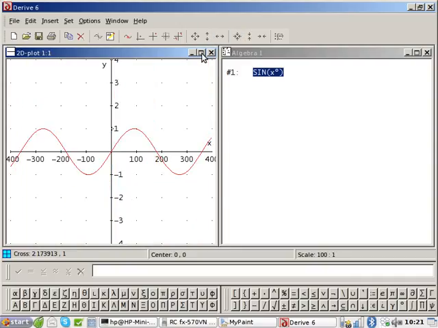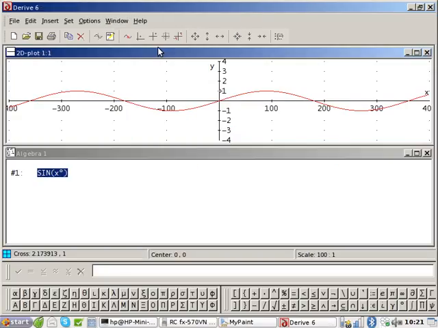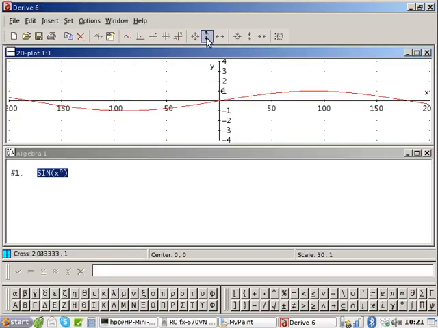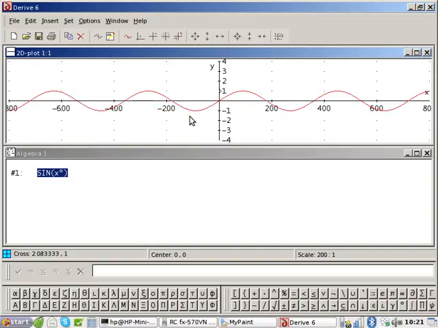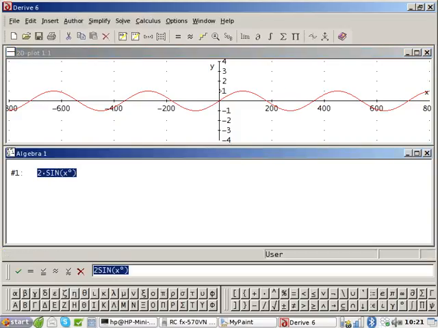So there's sine x. What do you think happens if I put a number in front? If I put an A in front of the sine, like for example 2 sine, it would be stretched 2 times vertically.